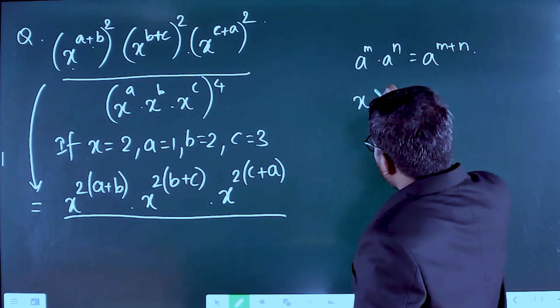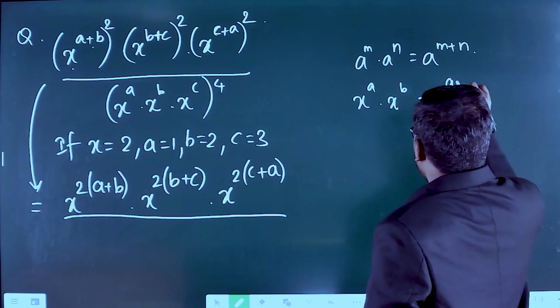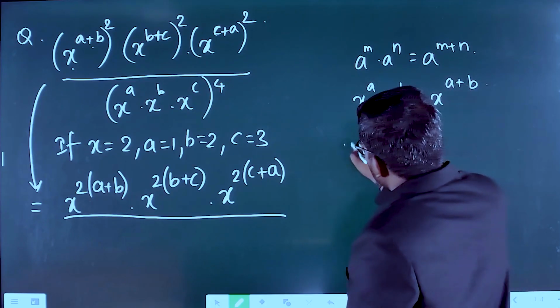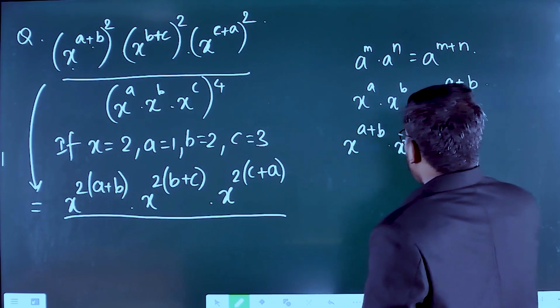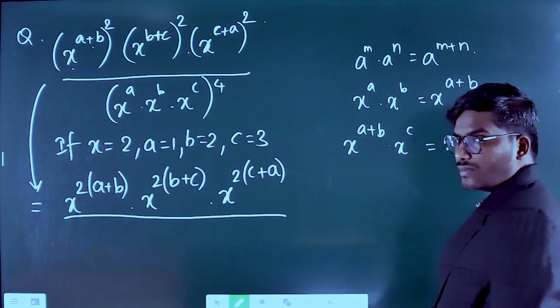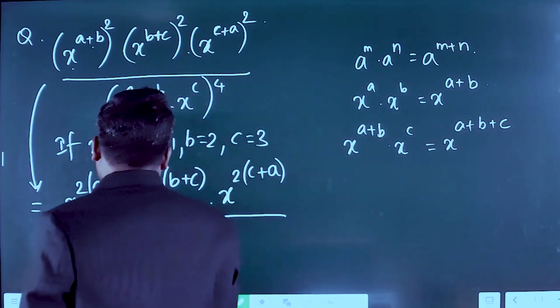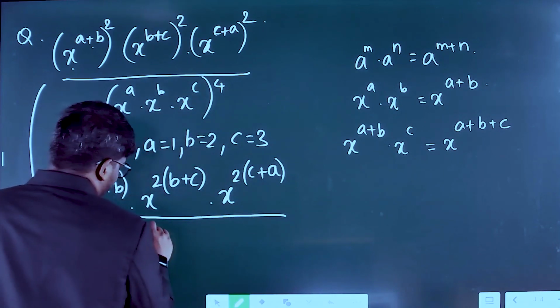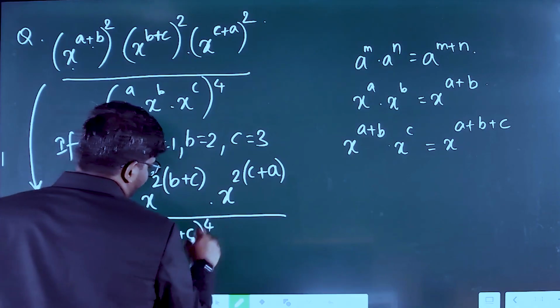So x power a into x power b will be x power a plus b. So x power a plus b into x power c will be x power a plus b plus c, right? So the denominator is going to be x power a plus b plus c raised to the power 4.